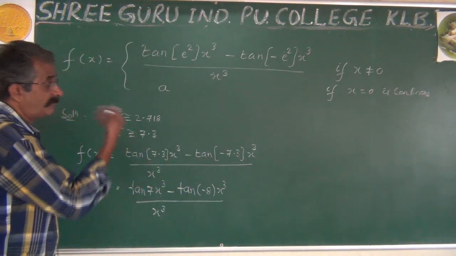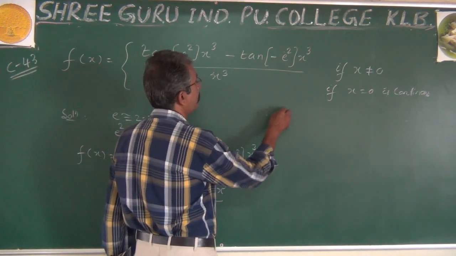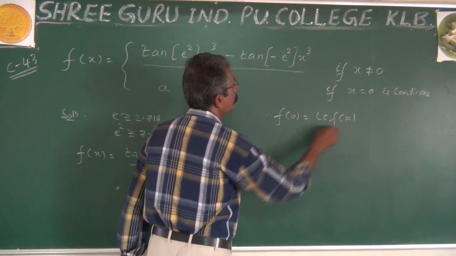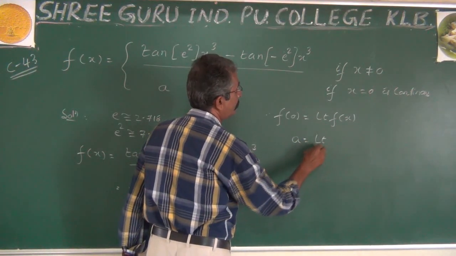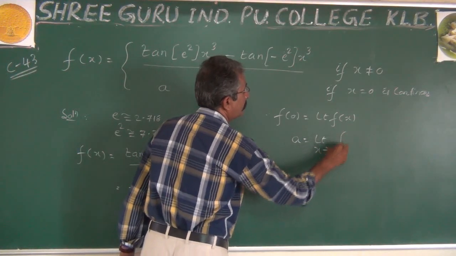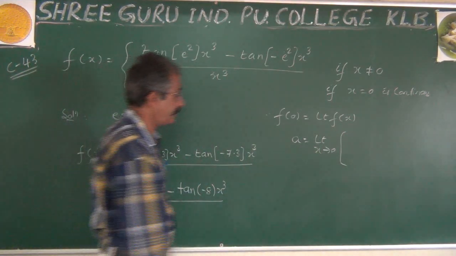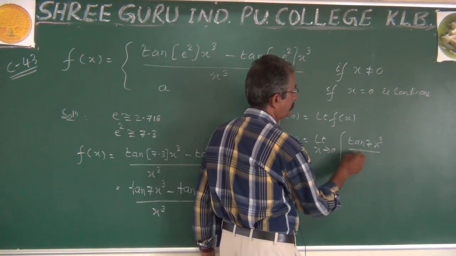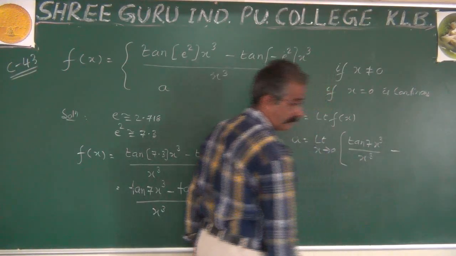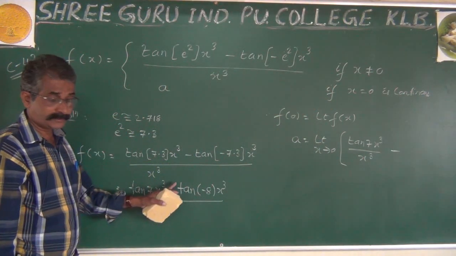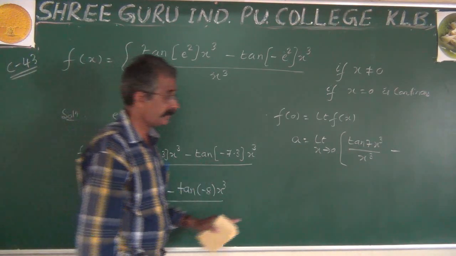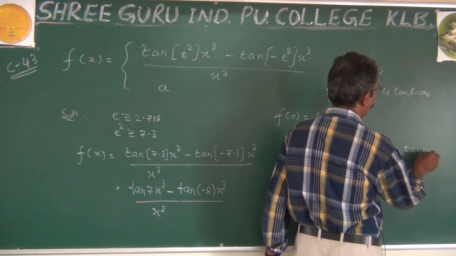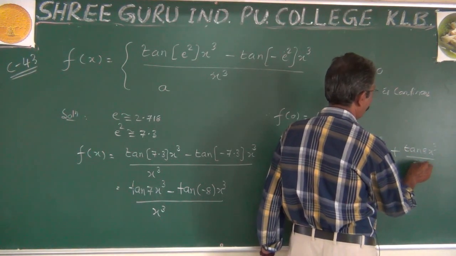At the same time, the function is continuous, therefore f of 0 equals the limit of f(x). F of 0 means the limit of x tending to 0 of f(x). F of x is tan of 7x cube divided by x cube minus, but actually it becomes plus, just like tan of minus theta is minus tan theta, minus of minus is plus tan 8x cube divided by x cube.